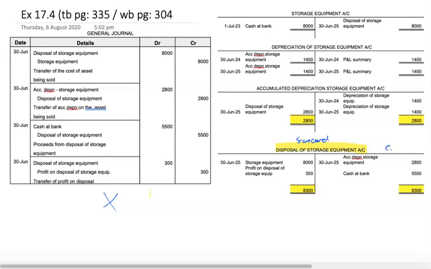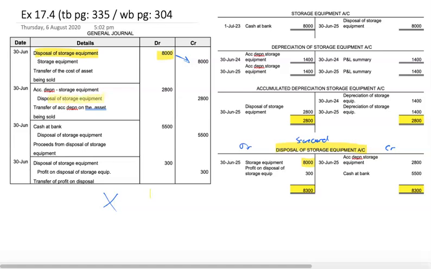And our credits are on our right, debits on our left. So let's run through all of the ledgers that relate to disposal of storage equipment. Disposal of storage equipment involved an $8,000 debit, and our narration here, our cross-reference, is storage equipment, because that's the other side of our transaction.